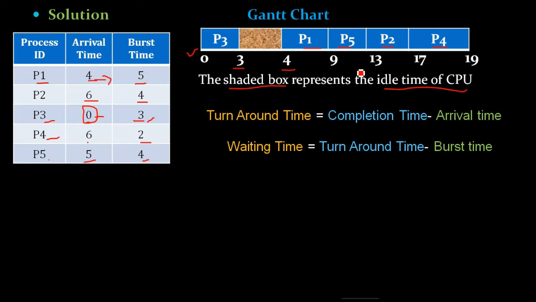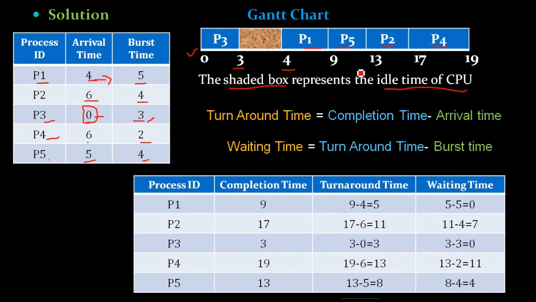For the P1 process, the completion time is 9, because you can see this is the completion time of the P1 process. P2 completes its execution at 17 milliseconds, and P3 completes its execution at 3 milliseconds, because burst time is 3 and arrival time is 0. Now P4 is 19, you can see 19 as per the Gantt chart.